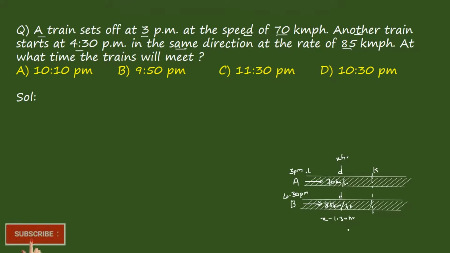Here .30 is in minutes, so converting into hours, 1.30 becomes 1 plus 30 by 60, which is 3 by 2. So B takes X minus 3 by 2 hours to move from L to K, and A takes X hours.